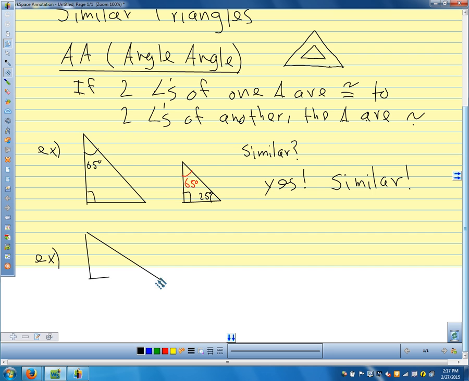Let's look at another one. So here's my first triangle. 105 degrees. Let's say this one is 45 degrees, and this one is 47 degrees. Are they similar?